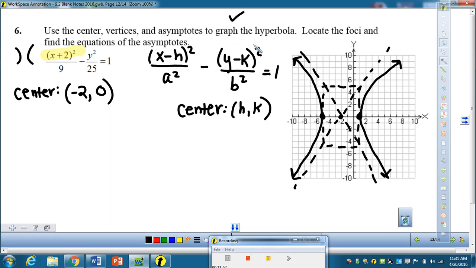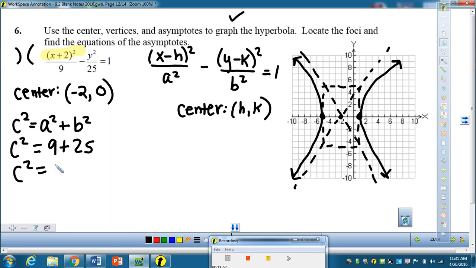Next, we're going to locate our foci. So we're going to calculate the c squared distance. This time we're doing 9 plus 25, which gives us 34. So that distance is square root 34. That's going to be a little bit less than 6 because the square root of 36 is 6, maybe 5.8 or 5.9.